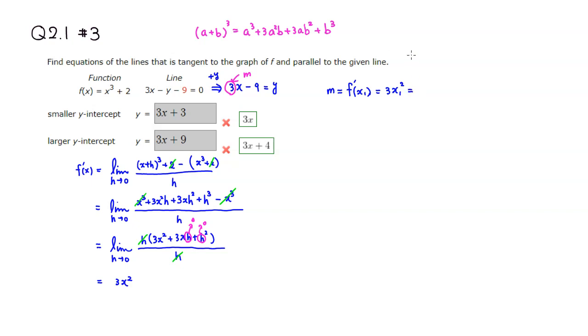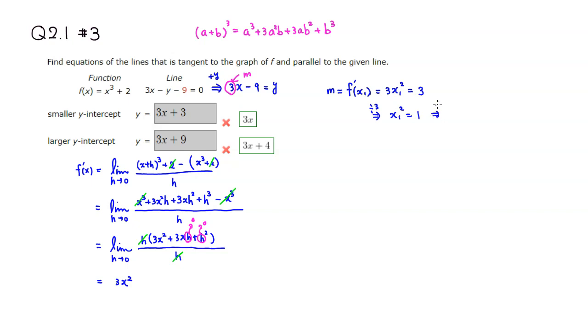We know that this is supposed to be 3, because we found that the slope is 3. Because it's parallel, they have the same slope. So we set that equal to 3, then we can just solve this equation. Divide through by 3, and you get x1 squared is equal to 1.